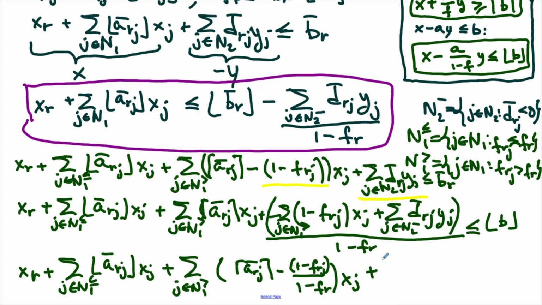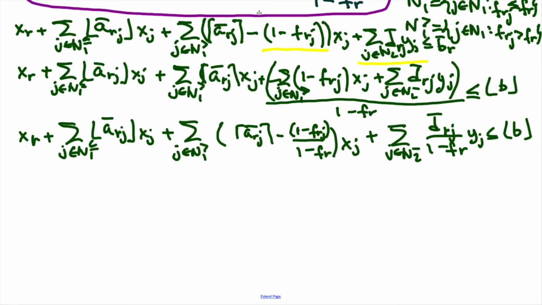And then plus the summation for j in N2 minus of drj bar divided by 1 minus fr multiplied by yj, and this is less than or equal to b. So finally we can simplify this part right here.